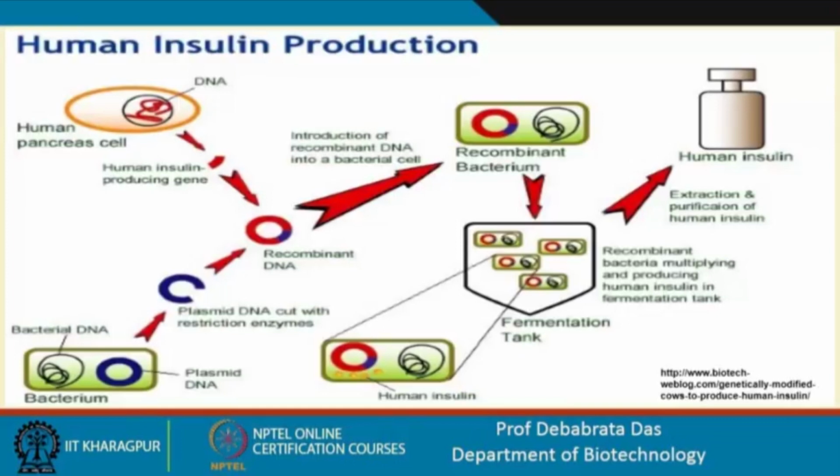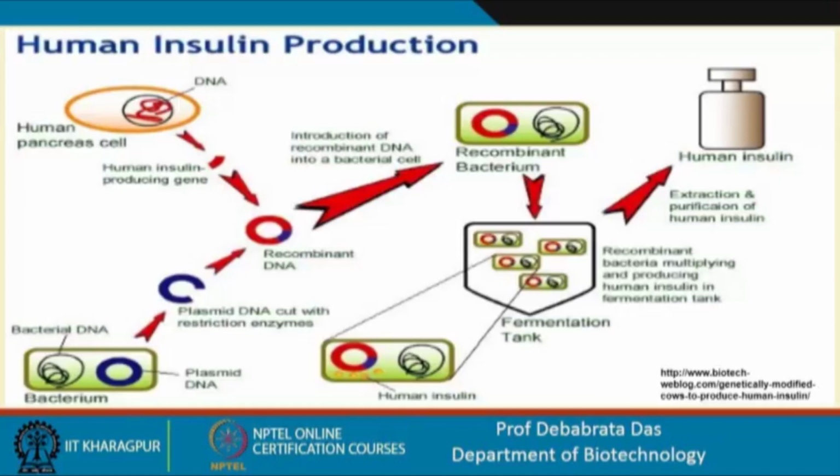We take it out, and this is the bacterial plasmid that we cut with the restriction enzyme, so that we can insert this gene. The gene is inserted, and then it is overexpressed in the bacterial cells.